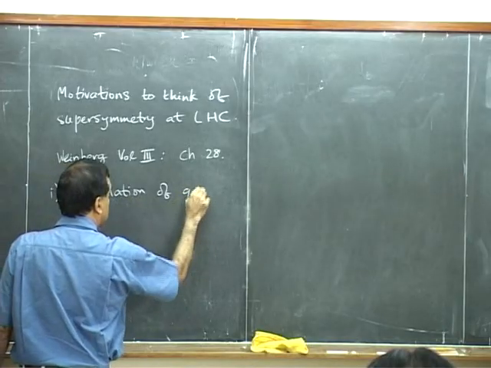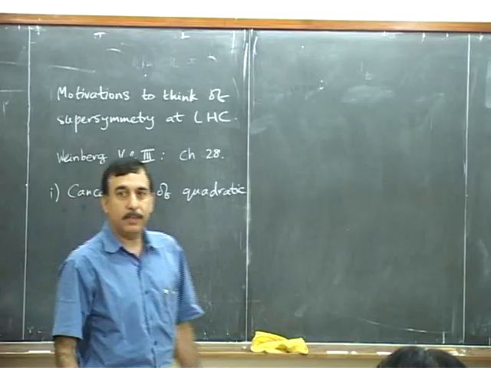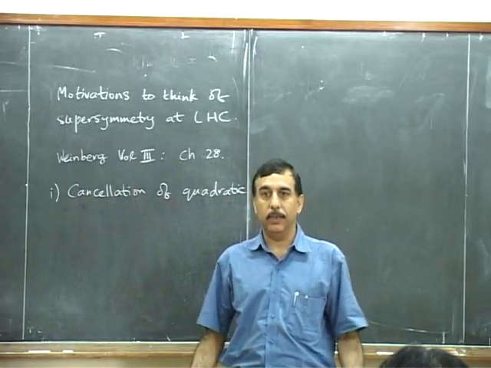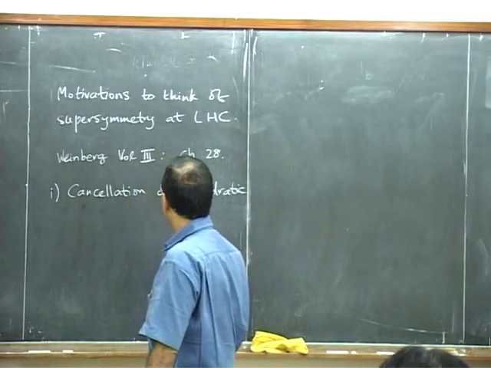Both motivations that I'll discuss here come from the assumption that the standard model is somehow part of a larger theory with a higher energy scale. So both motivations come from unification.